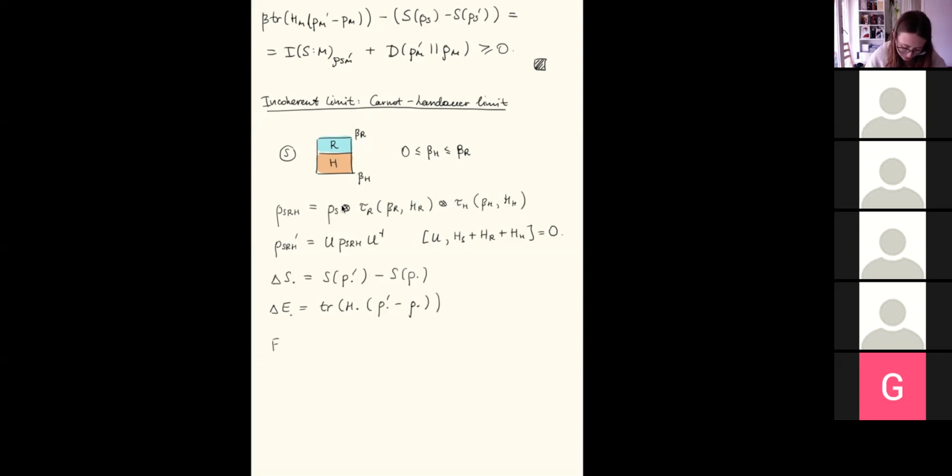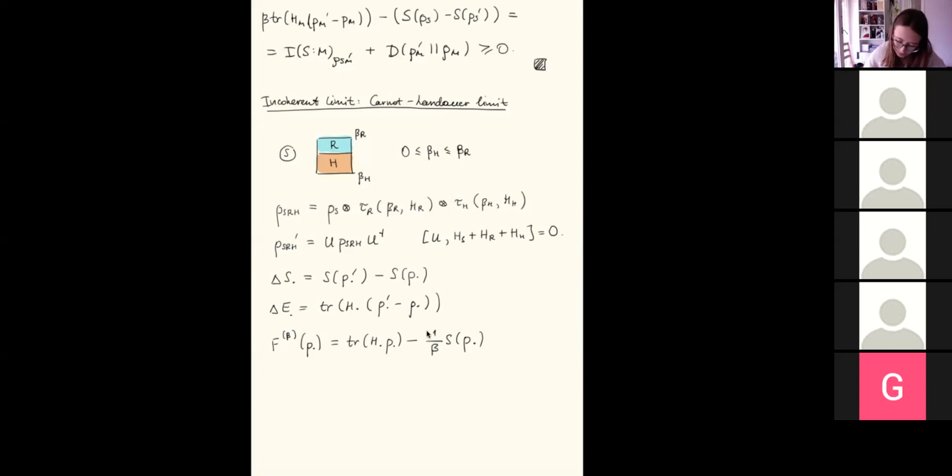And then we also look at the free energy, which we're familiar with from the previous exercises, for the state rho at the temperature beta. This is the trace of H rho of some system minus 1 over beta S of rho. Just to remind you, it's the same free energy that we were looking at before, because 1 over beta is just kT. Just sometimes we use beta, sometimes we use T, and so on.